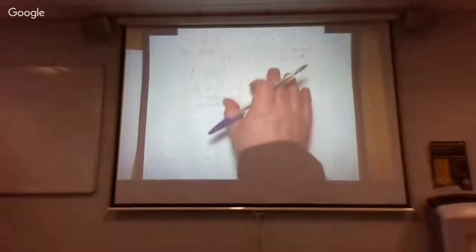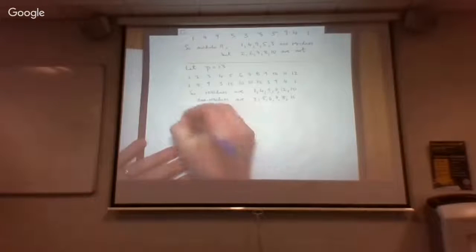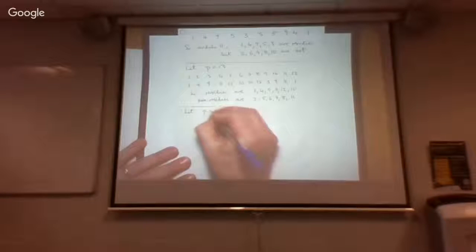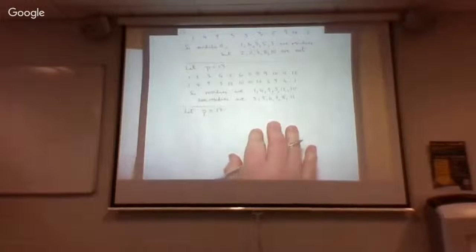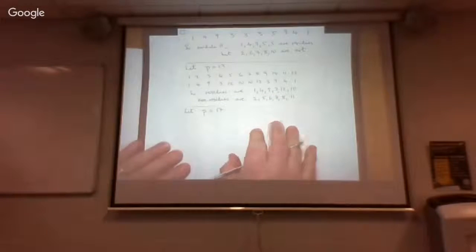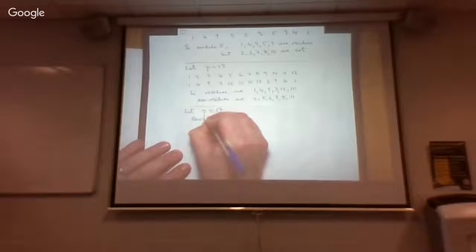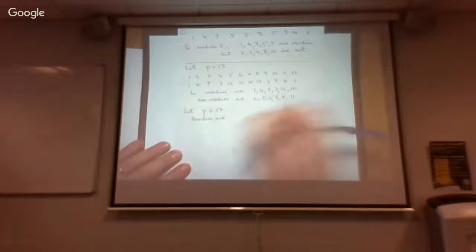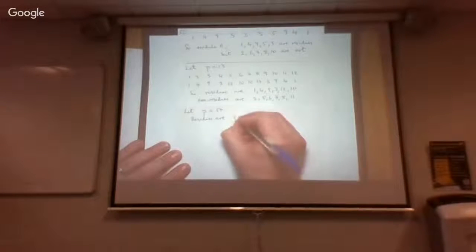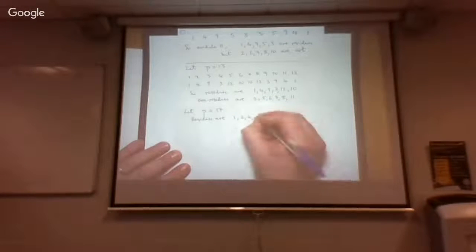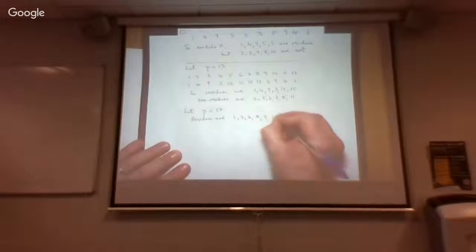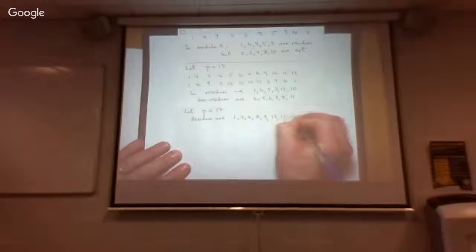Okay, one final listing example like this. Modulo 17. I won't square them all out. So modulo 17, if you work it out, the residues are, again, it's a 50-50 split. Residues are 1, 2, 4, 8, 9, 13, 15, 16.